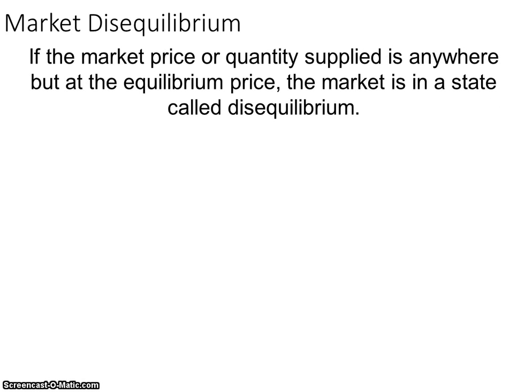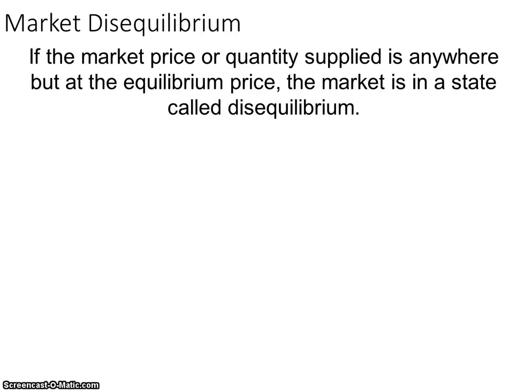Market disequilibrium. If the market price or the quantity supplied is anywhere but at that equilibrium price, that market is in a state of disequilibrium. This means that anytime there is a surplus or a shortage, that market is at disequilibrium.